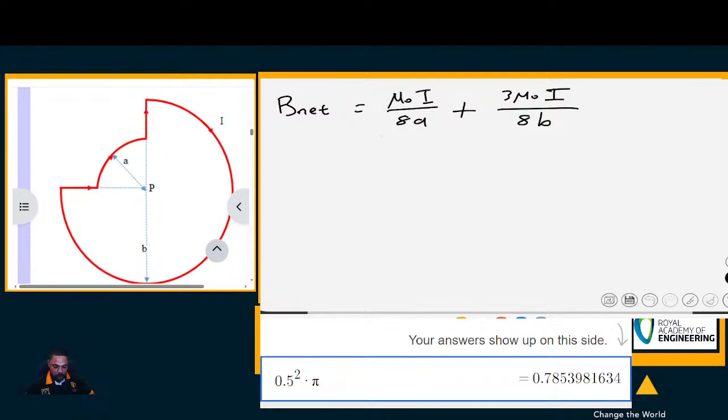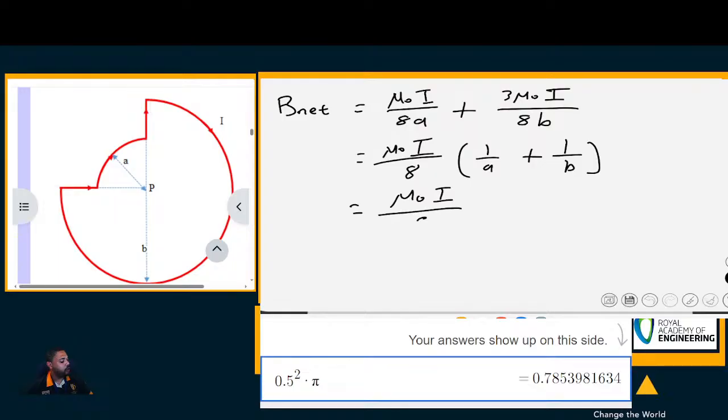If you add them up, you can take out the common factor of mu naught I over 8, that's 1 over a plus 1 over b. Now if you do your basic adding of fractions, the common denominator for these two is ab, and on this side you will have b plus a.